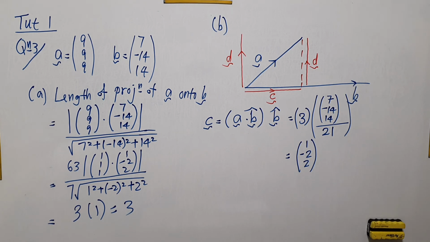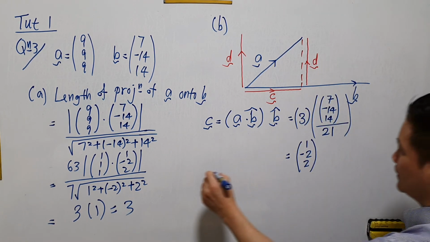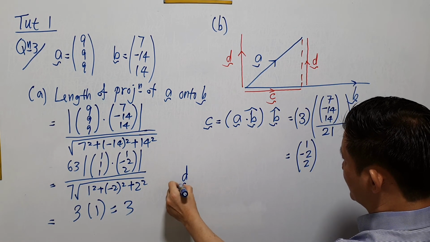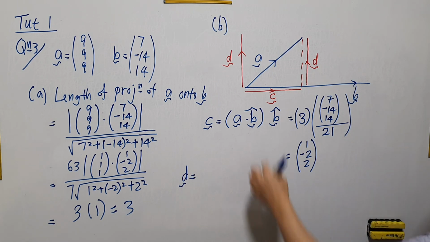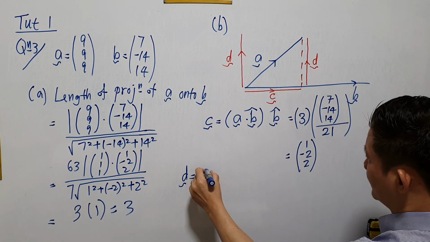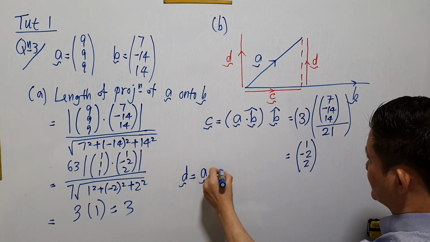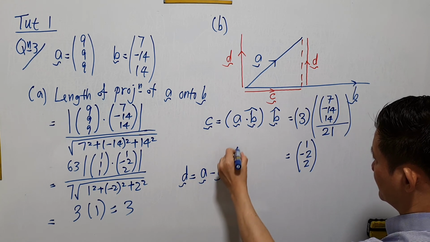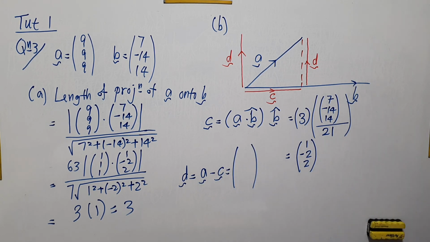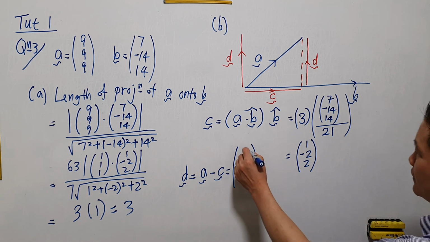Now to find the vector D, this vector D is found by taking the vector A minus C. The vector A minus C. 9 minus 1 is 8.